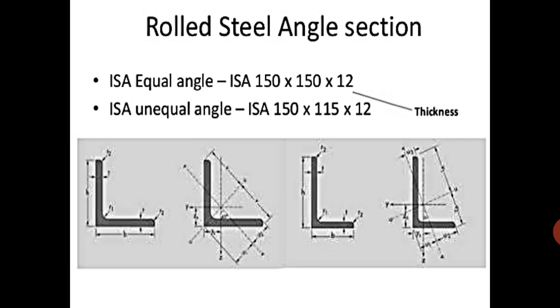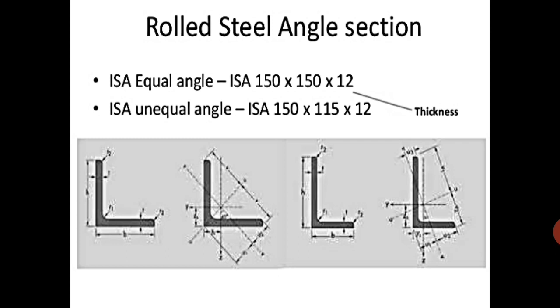So rolled steel angle section, Indian Standard equal angle means ISA 150 by 150 by 12, and unequal angle is ISA 150 by 115 by 12.